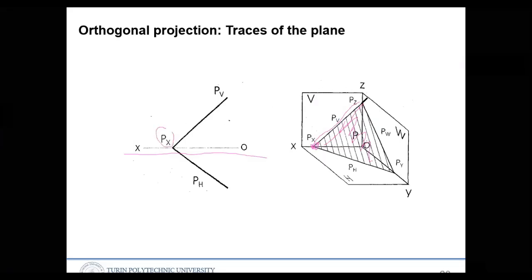It intersects Pz here, so this one is Pz, and that can be the Py point. The intersection line Pv intersects the V plane and H plane, so that is Ph. So by giving these traces, you can define the planes which are inside a 3D space.